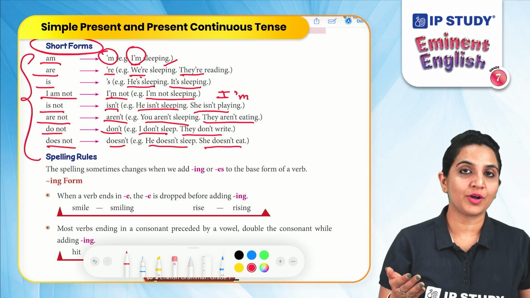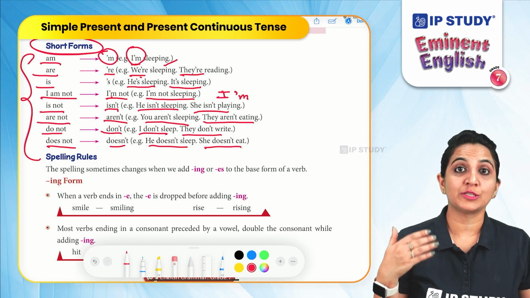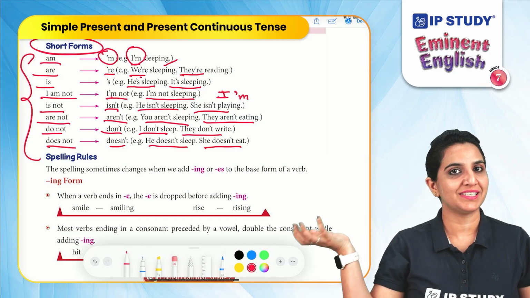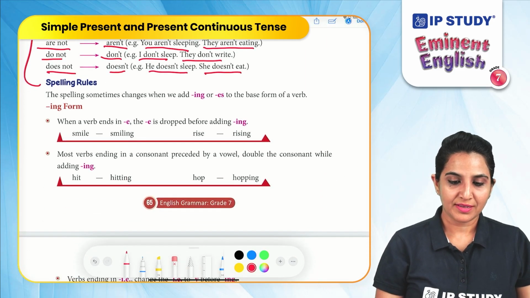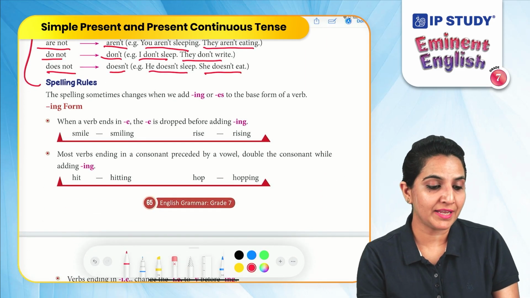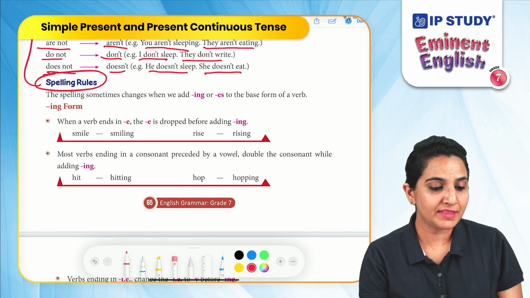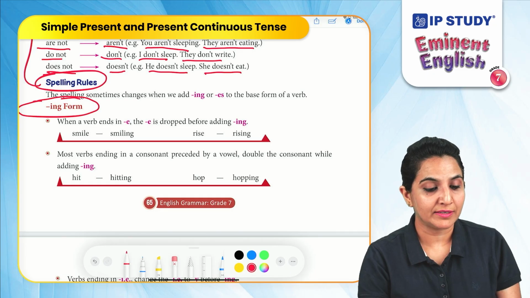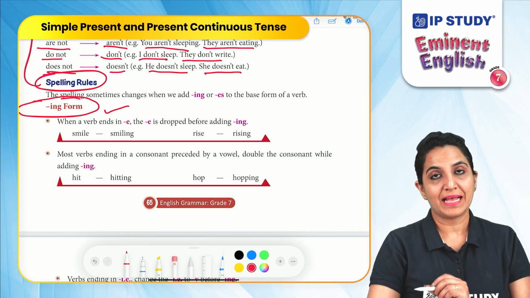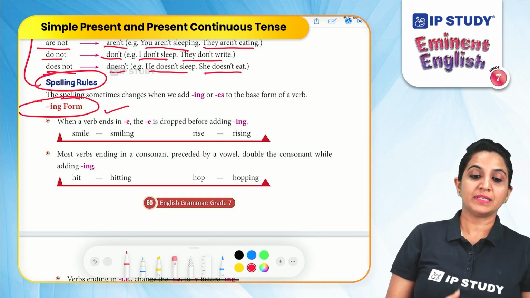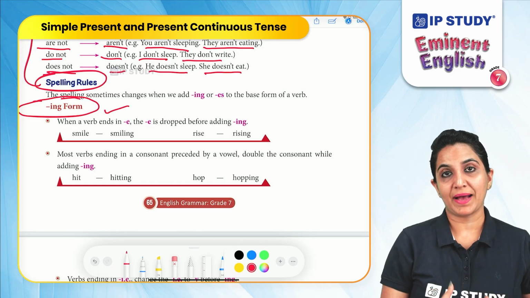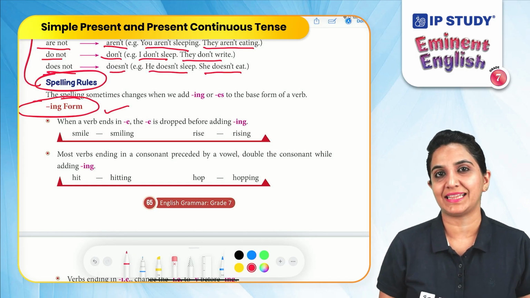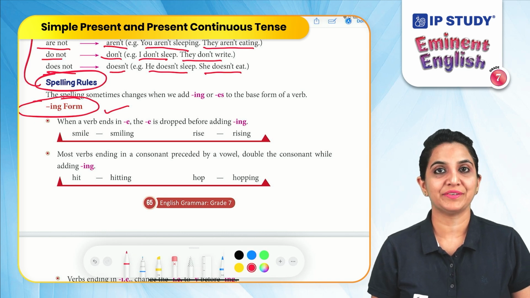Now let's go forward and study spelling rules while changing the verbs into different tenses. So the spelling rules. With the present continuous tense, we have the ing form. That means sometimes the spelling changes by adding ing at the end, and it is mostly in the case of present continuous tense.